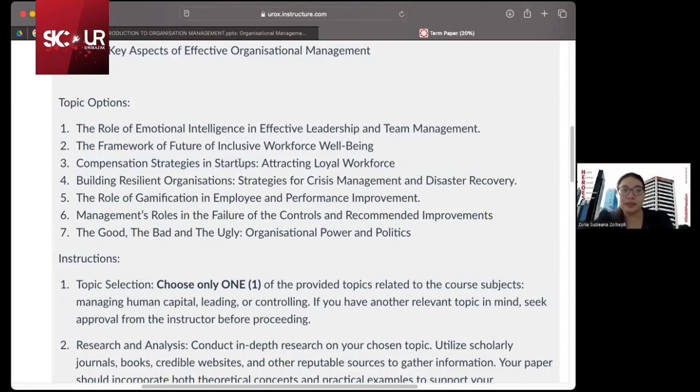But if you choose another topic, for example, let's say you choose the framework of future inclusive workforce well-being. Inclusive workforce well-being means you are considering everybody in the company.